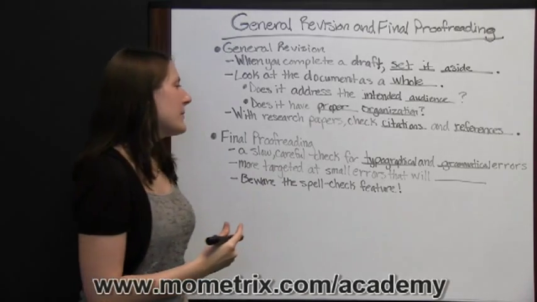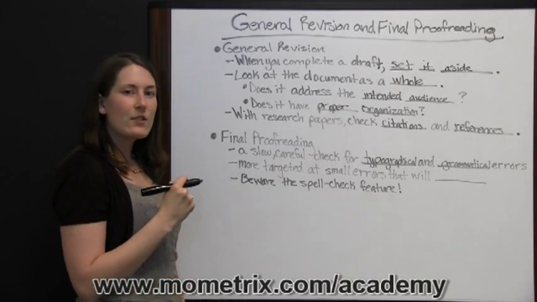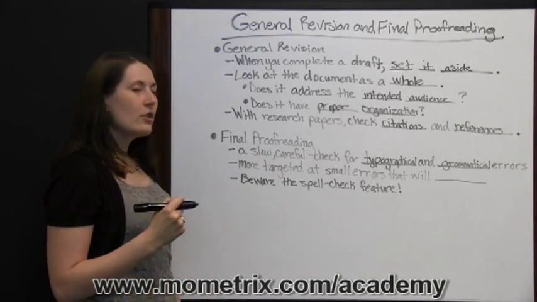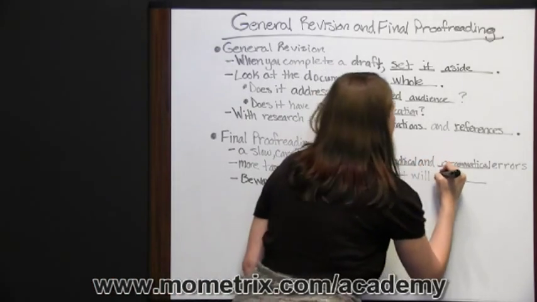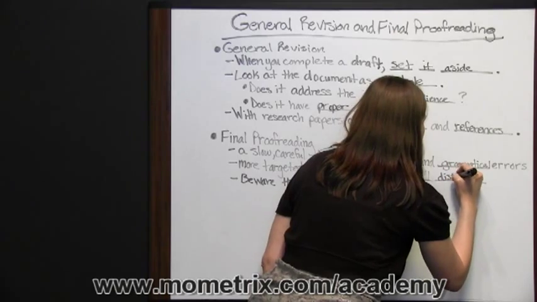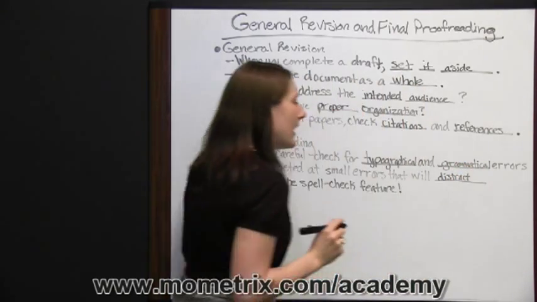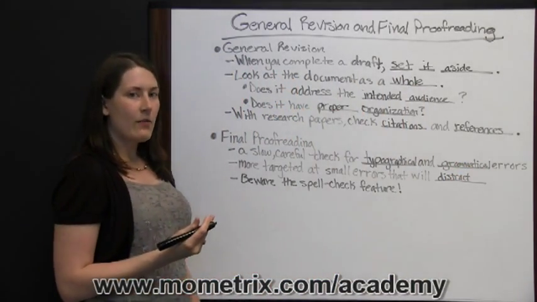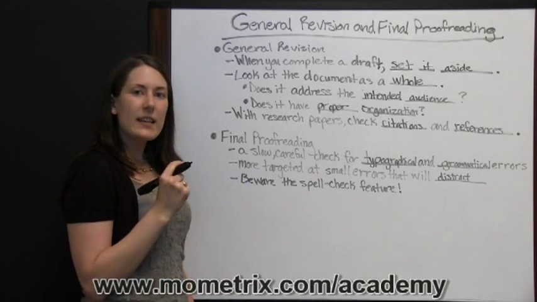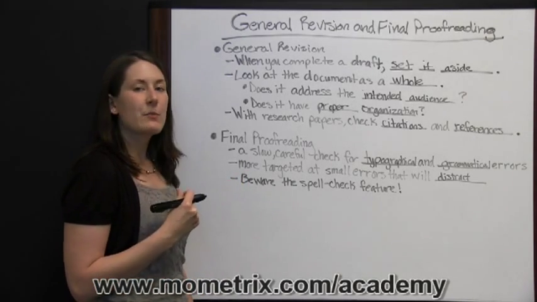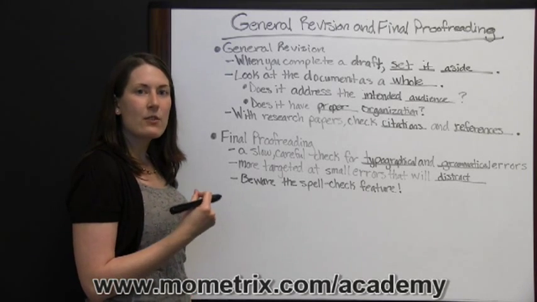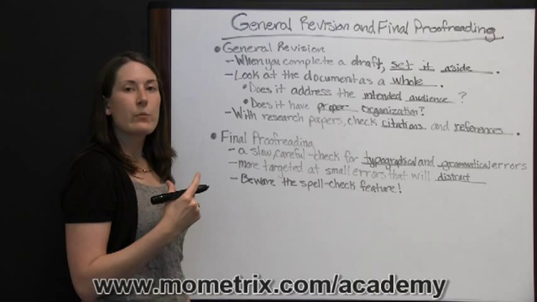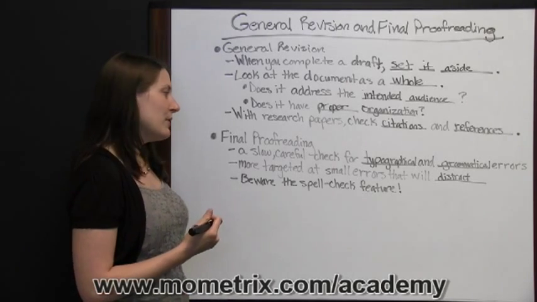So this is going to be a little bit different. Now you're fine-tooth combing this thing and you're looking for more targeted, small errors that will distract the reader. You're not looking to reorganize the paper. You should have that done already. This is about fixing little nitpicky errors that would distract the reader from your message because they find this little misspelled word or this word that isn't the correct word to be used.